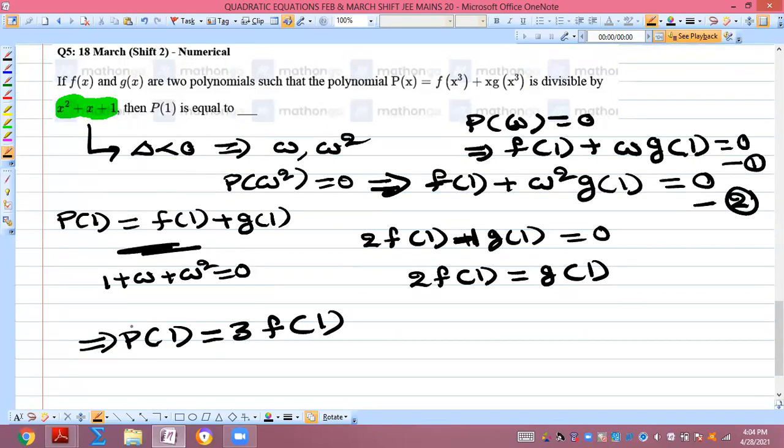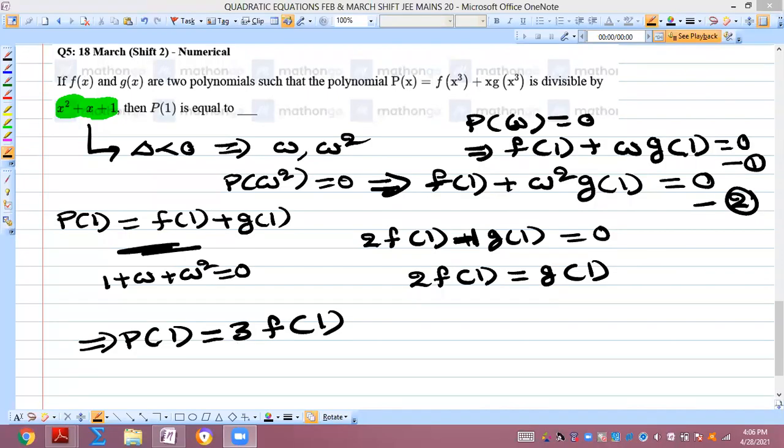But they are asking a numerical value. Here we got the relation p of 1 is equal to 3 into f of 1.